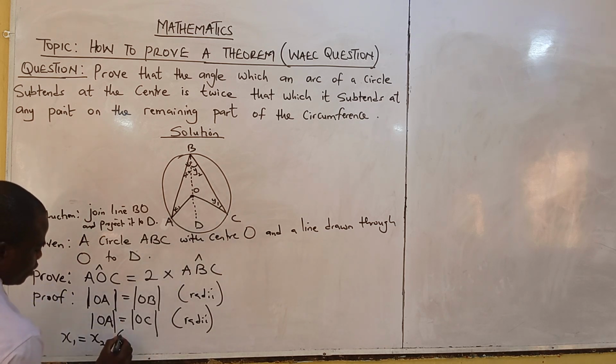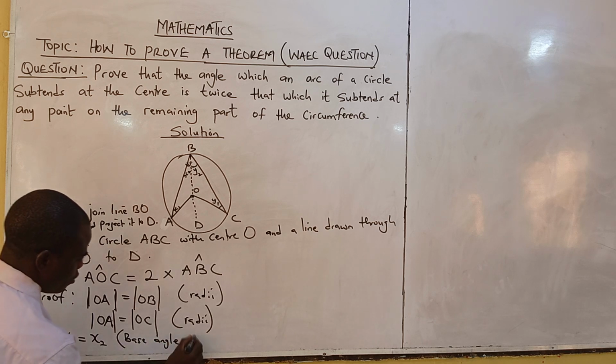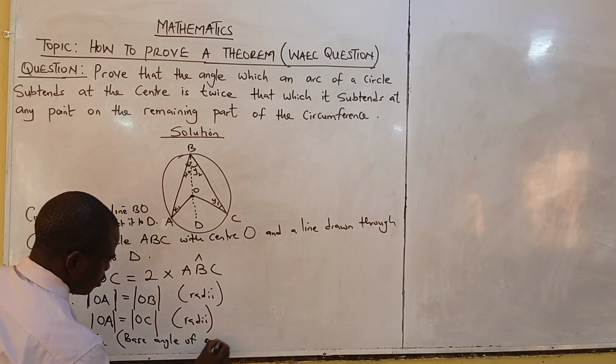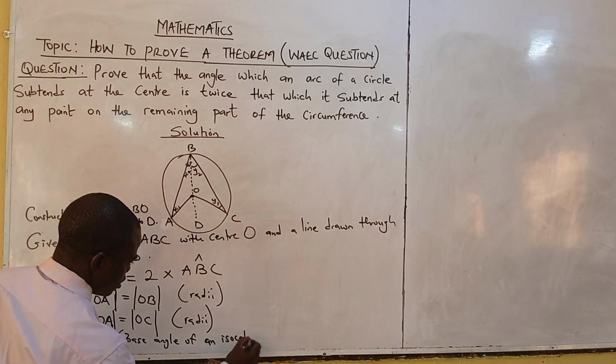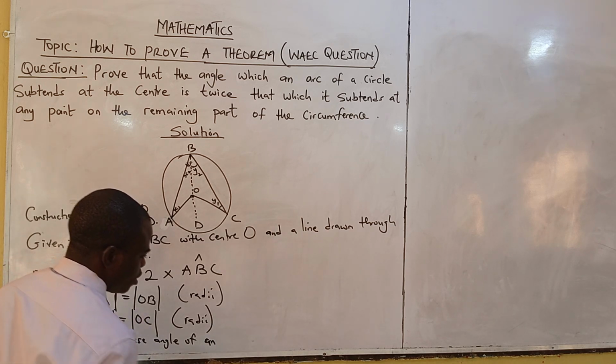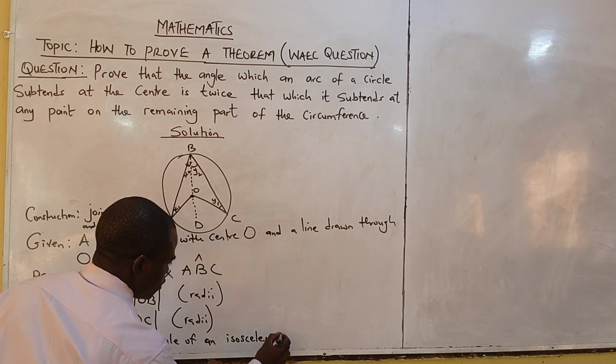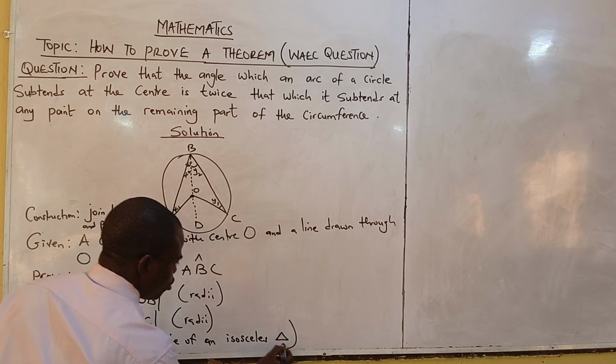Because they are both radii, base angles of an isosceles triangle, this symbol of triangle.